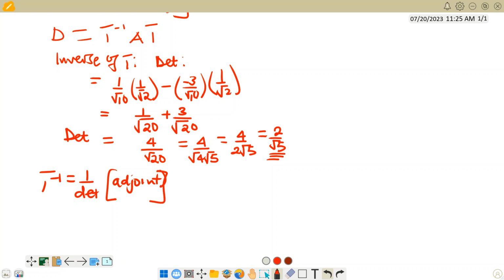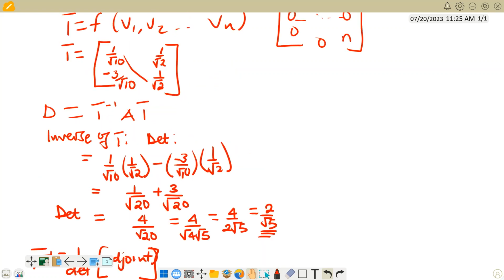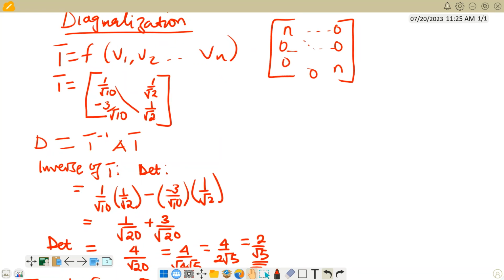So 1 over the determinant is 2 divided by root of 5. This will be multiplied by, now remember that our t matrix is this one over here. So to get the adjoint, the major diagonal will swap positions, and then the minor diagonal will be multiplied by -1.